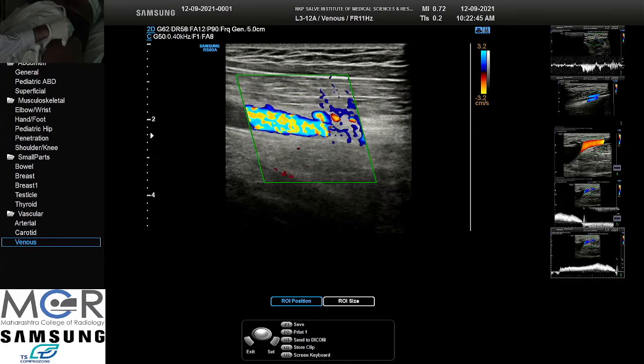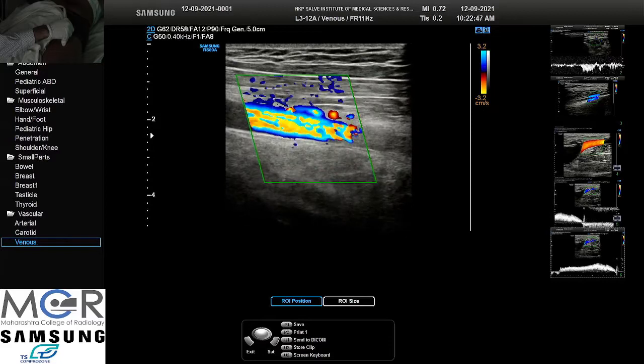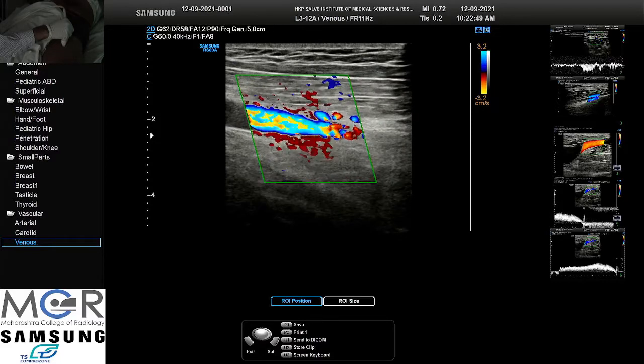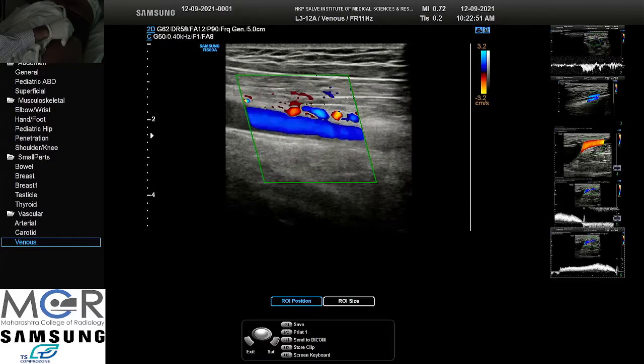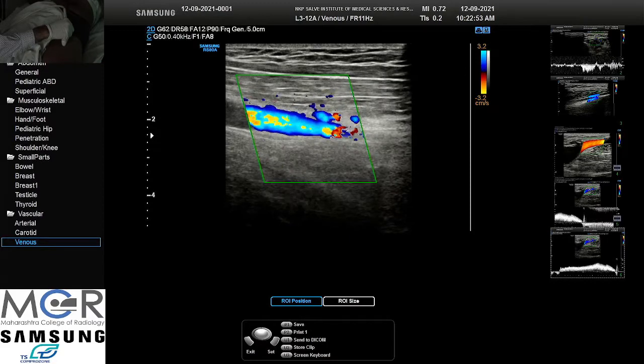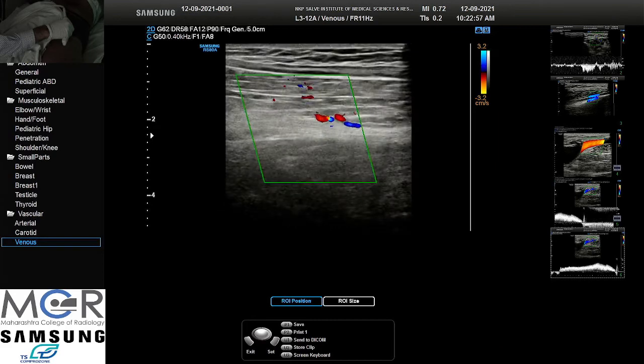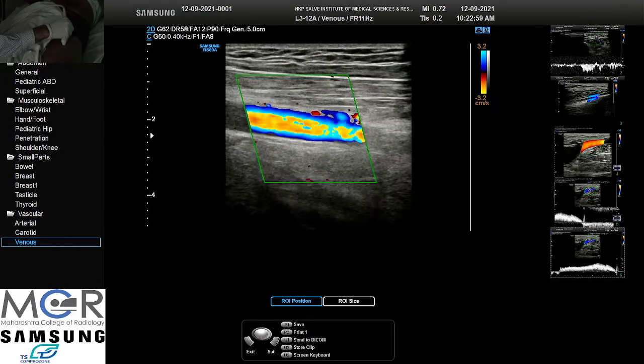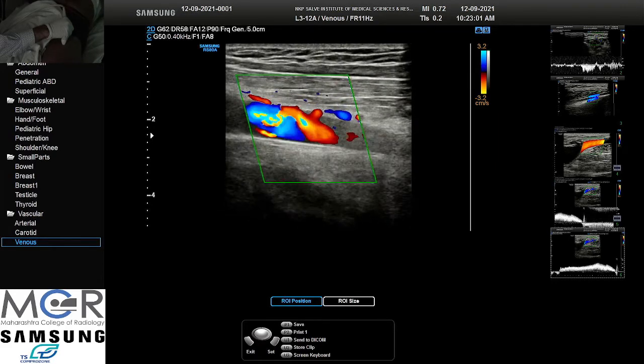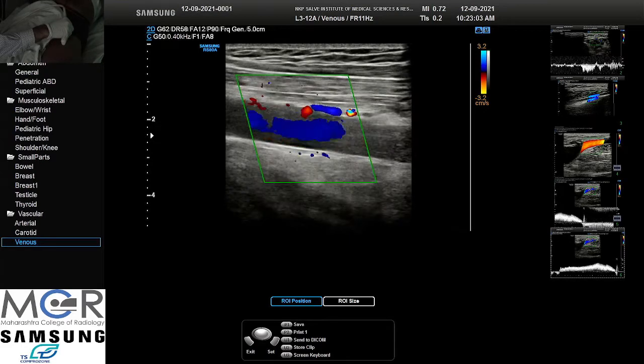See, when I asked him to do Valsalva in the first setting, you couldn't see anything. Now I reduced the PRF to check very low flow and you can see that there is a reflux or deep vein reflux. Full of it, see that.